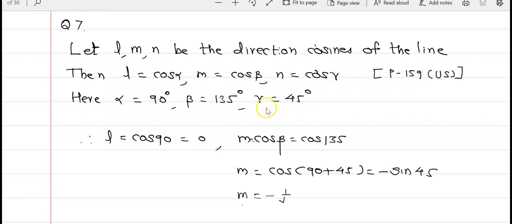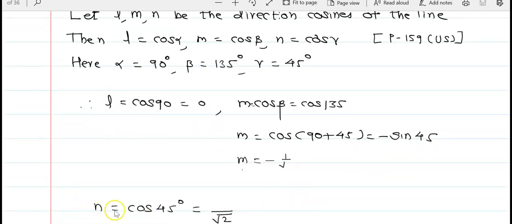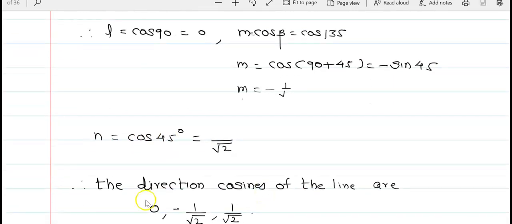Alpha is 90, beta is 135, gamma is 45. l is equal to cos 90 degrees, which is 0. m is equal to cos of beta, 135, which is 90 plus 45, and that is minus sine of 45. Therefore, m is equal to minus 1 by root 2, and n is equal to cos of gamma, which is again 1 upon root 2. Therefore, the direction cosines of the line are 0, minus 1 by root 2 and plus 1 by root 2.